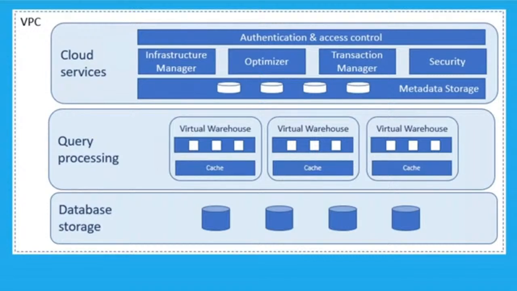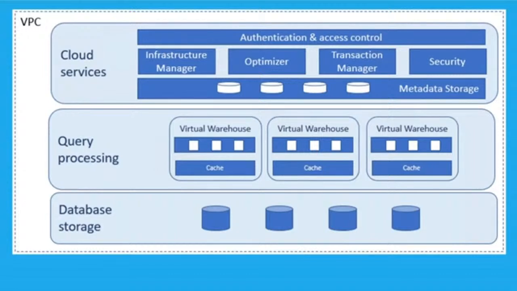Okay. In the query processing layer, the virtual warehouse is the hardware component which processes the request. See, in your traditional database or data warehouse, you will have the CPUs, memories, and everything, right? Like that, this is also a virtual warehouse. A virtual warehouse is a hardware resource in your Snowflake.